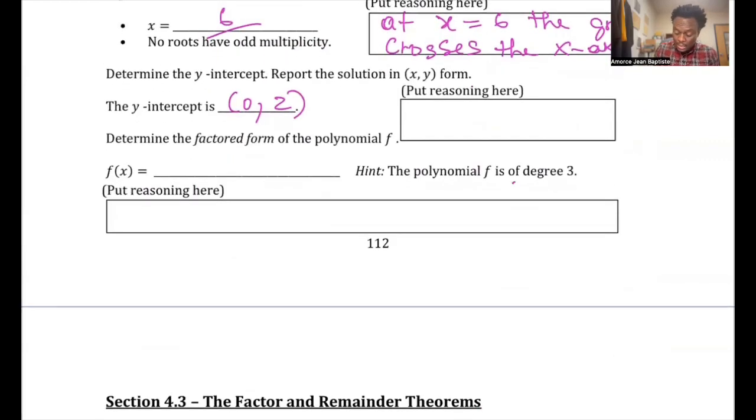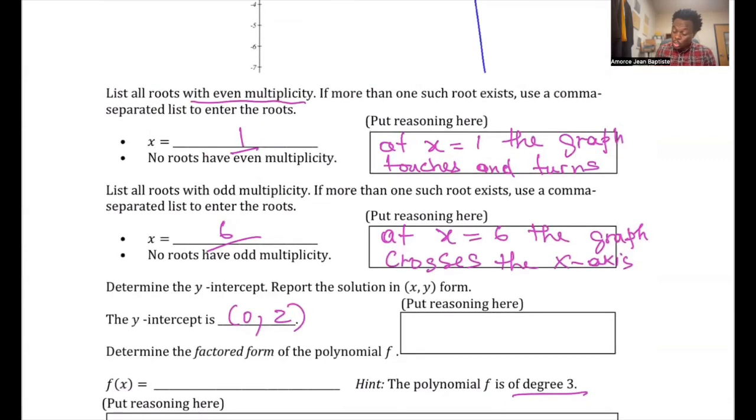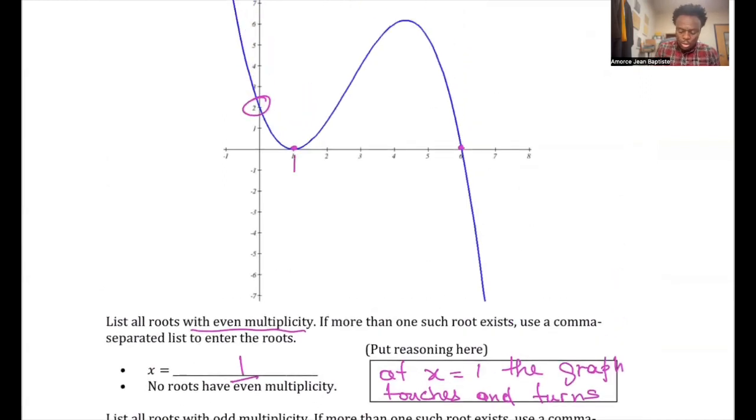But the hint is that the degree of the polynomial function is 3. And obviously, we knew that it would have been 3 because we have one even, one odd, and then the turn here is fast, and this one is also fast.